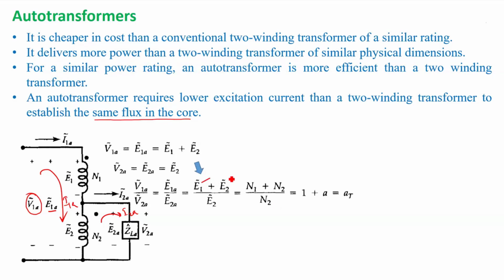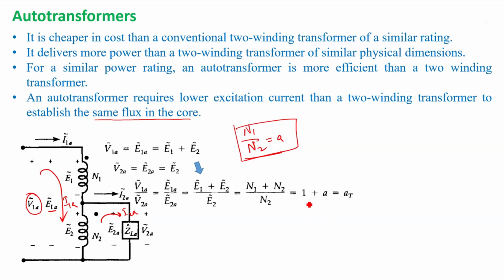Because they are all directly proportional to the number of turns, they are nothing but N1 dphi/dt and N2 dphi/dt. So the dphi/dt will cancel out, because they are on a single core, right? Therefore it is N1 plus N2 by N2. Now, we have taken N1 by N2 equal to A for a two winding transformer, right?